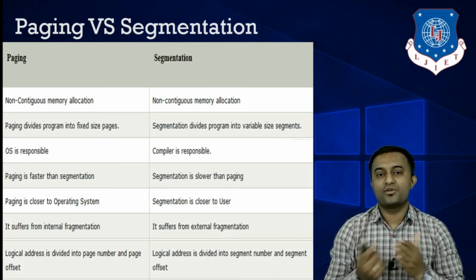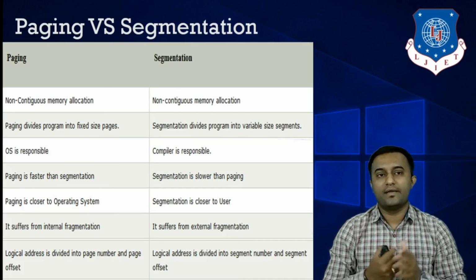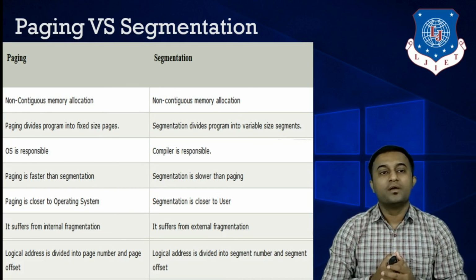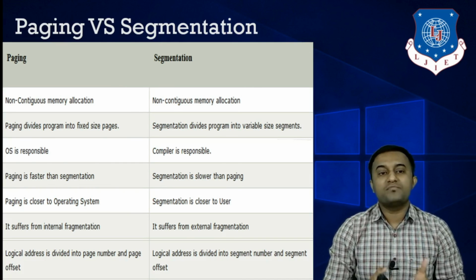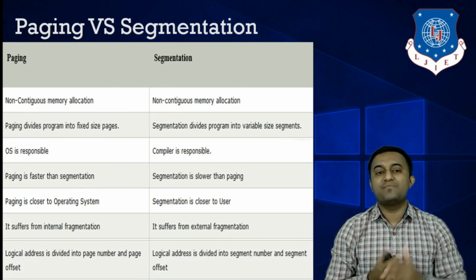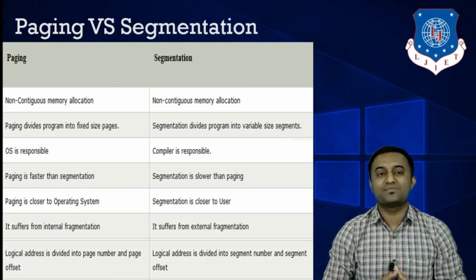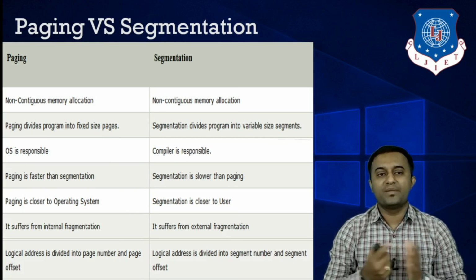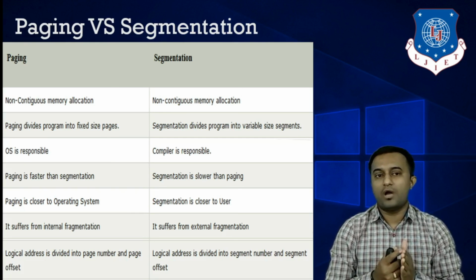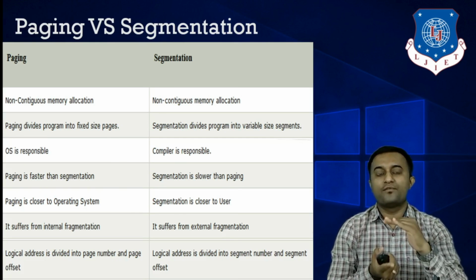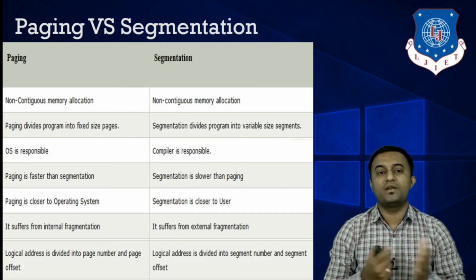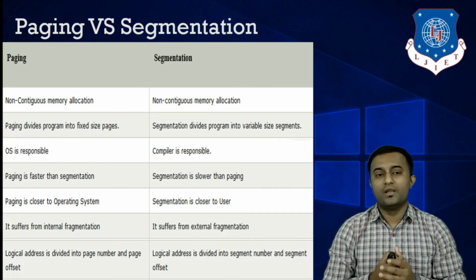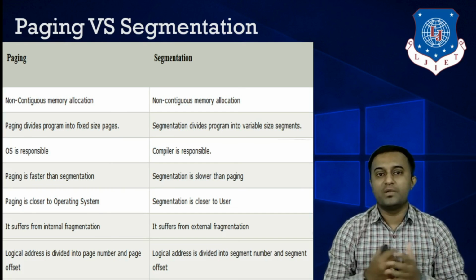So that's why it is somewhat slower as compared to paging. Okay. Paging suffers from internal fragmentation. Why? Because we are dealing with a fixed size partitioning policy, and you know very well, you can see my previous videos of memory management in which I have already explained, if you are going for a fixed size partitioning scheme, definitely you will suffer from internal fragmentation.